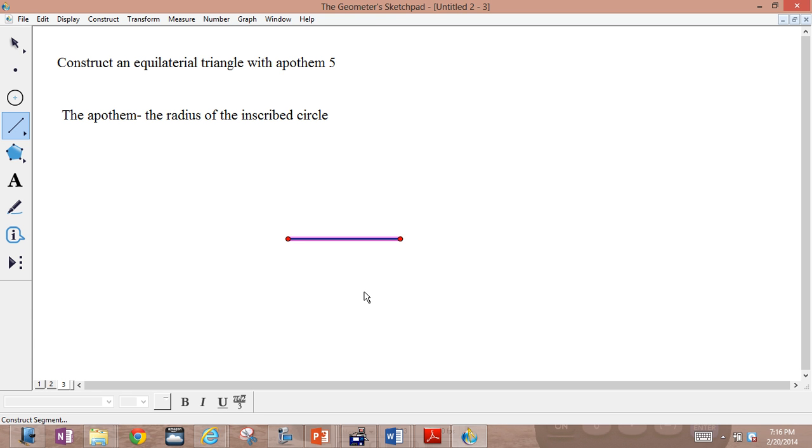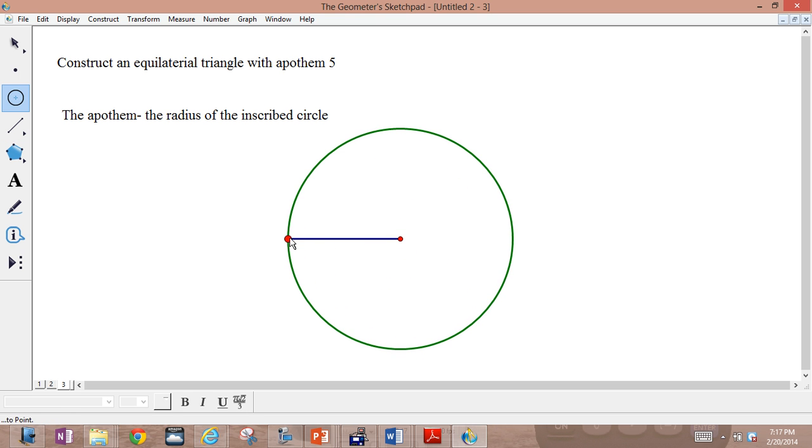So that segment is the apothem. Now, what is the apothem? The apothem is again the radius of the inscribed circle. So let me construct a circle with this point as my center, and that is my radius right there. Now, at this point, I have to put an equilateral triangle around this.